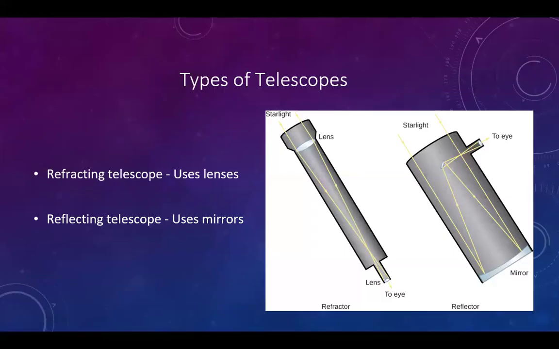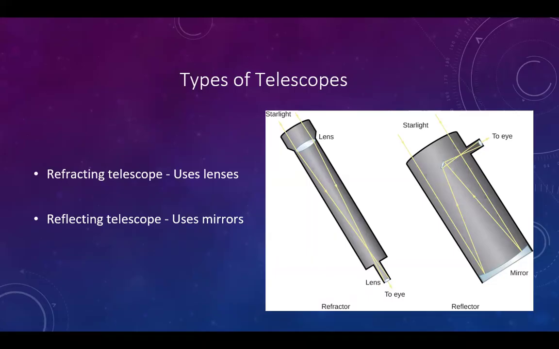But for day to day, if you want to observe stuff at night, my suggestion, get a pair of binoculars. Binoculars are basically just two telescopes, one for each eye. And sometimes they have a little bit of funny optics in them to make them shorter.